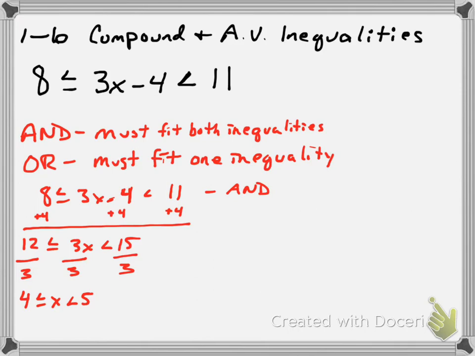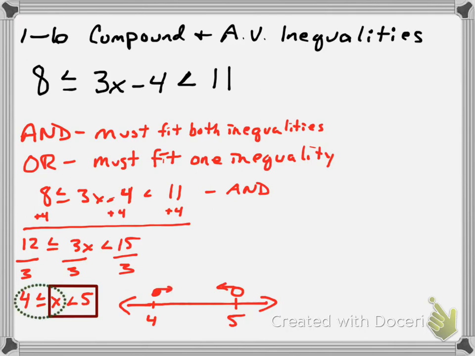All right, so let's say I'm going to graph this. I'm going to graph x is less than 5. And that would look like that. I'm going to graph x is greater than or equal to 4. And that would look like that. But remember, both have to be true.